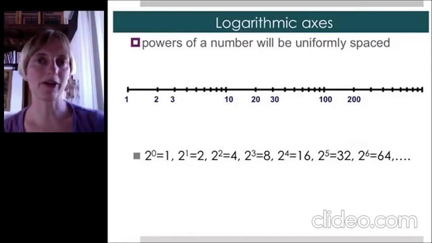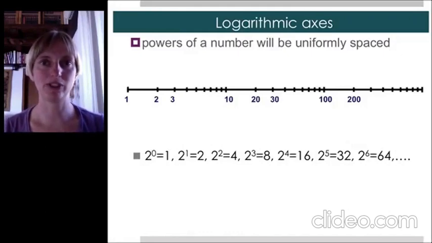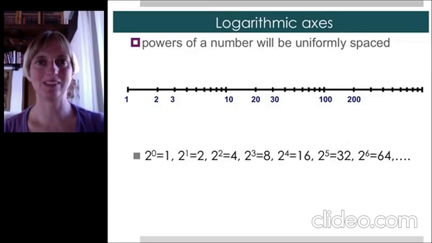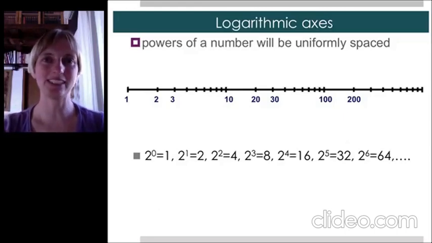So let's talk about logarithms for those of you who aren't as familiar with them. As you exponentiate a number, for example with 2, 2 to the 0th power is 1, 2 to the 1 is 2, 2 to the 2 is 4, 2 to the 3 is 8. That exponent is what you get if you take the log base 2 of 8, it would be 3.